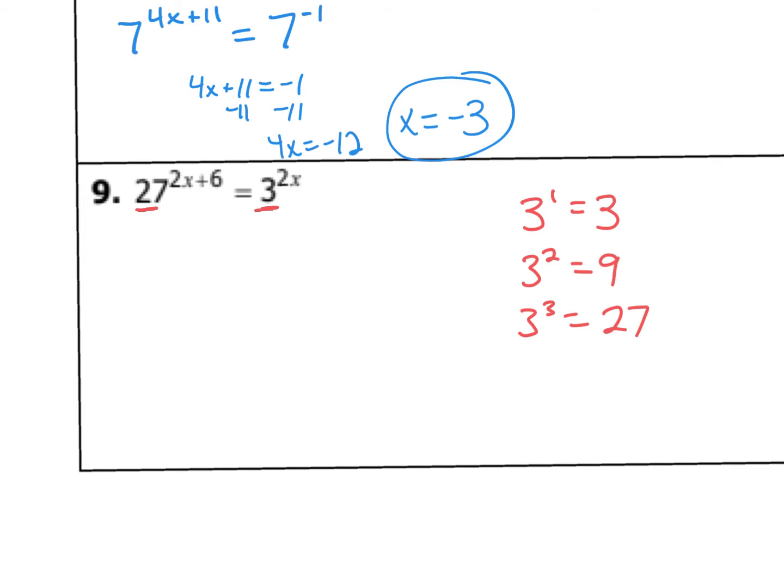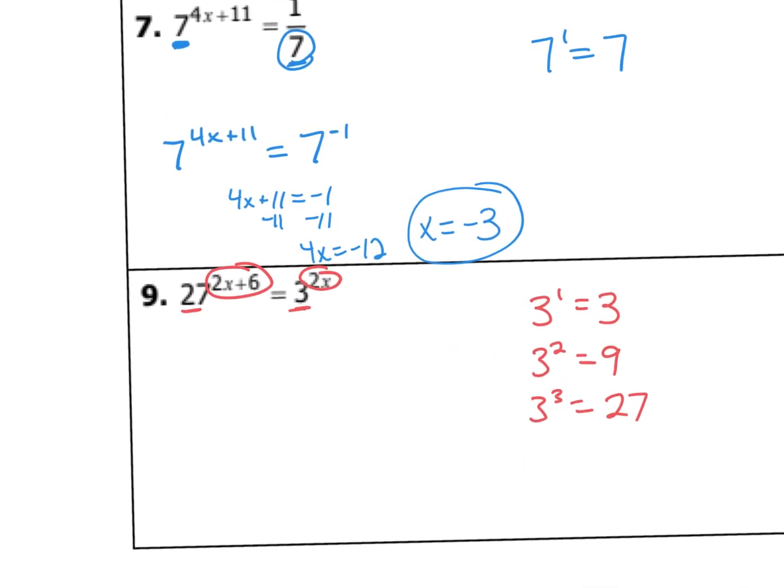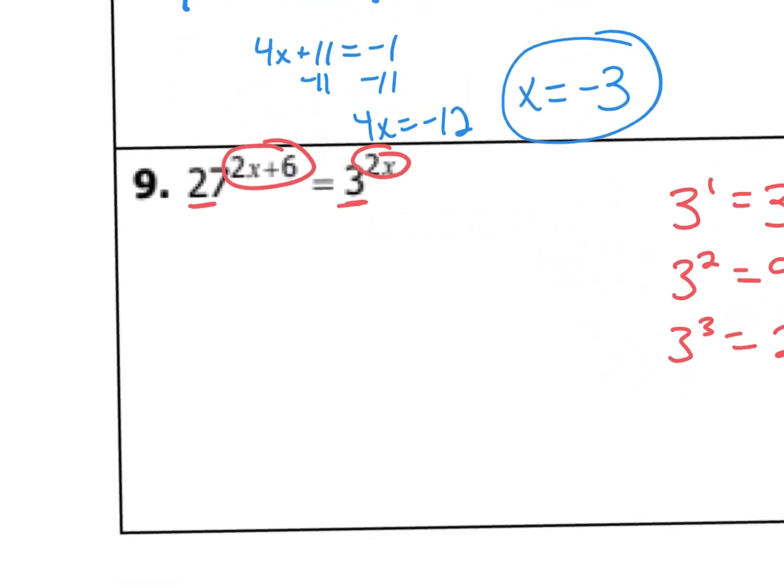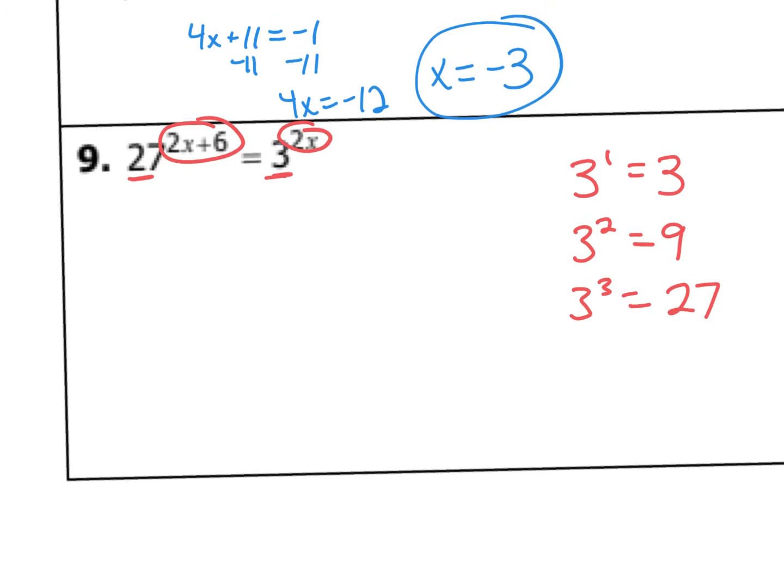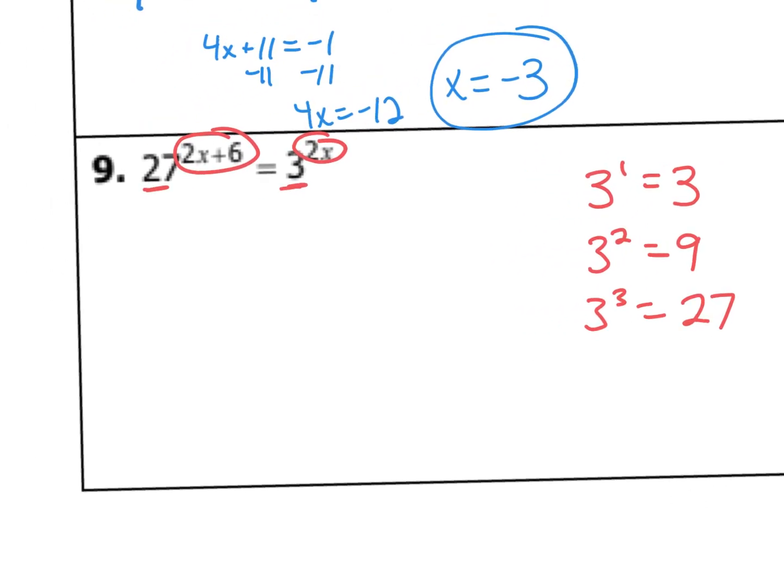Do we see how our exponents aren't just one variable or one number, okay? So when we have something like this, and we've got to break 27, we just said 27 is the same thing as 3 to the third, right? So what I'm going to do is just put 3 to the third in for 27, but I still have to keep the same exponent that is there.